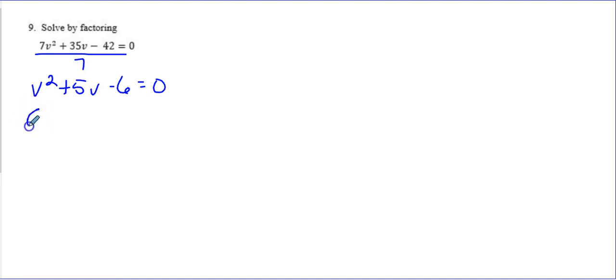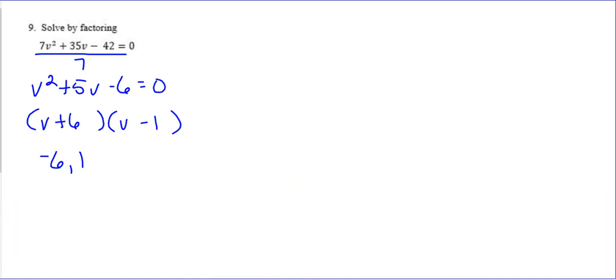So my 2 binomials are going to be b plus 6 and b minus 1, because 6 times negative 1 gives me negative 6, and 6 plus negative 1 gives me 5. So then the roots, or the zeros, would be negative 6 and 1. So those are the roots. b equals negative 6 and b equals 1.